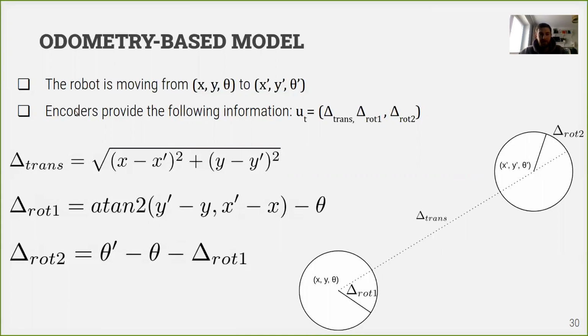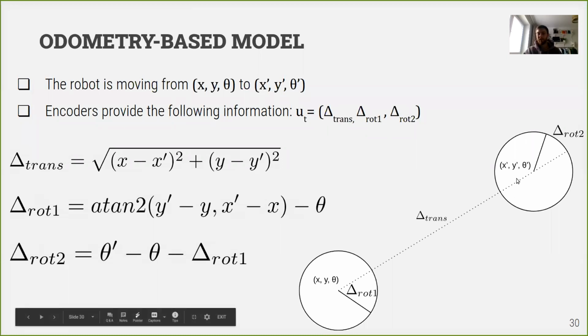So as we said, we have encoders in an odometry-based model. So our encoders provide us the following information: delta trans, so travel distance, and two rotations. As we said, encoders estimate rotation of wheels, so it is quite straightforward how from rotation of separate wheels we can recover rotation of the whole robot and travel distance, right?